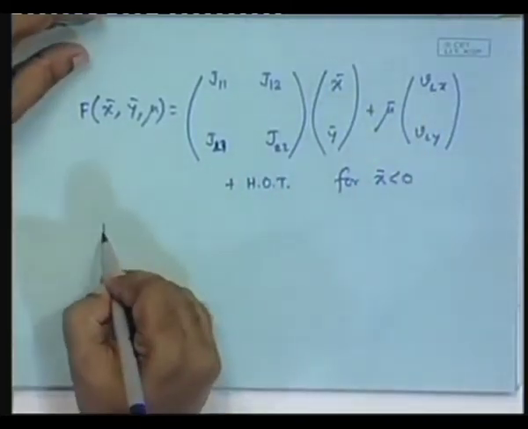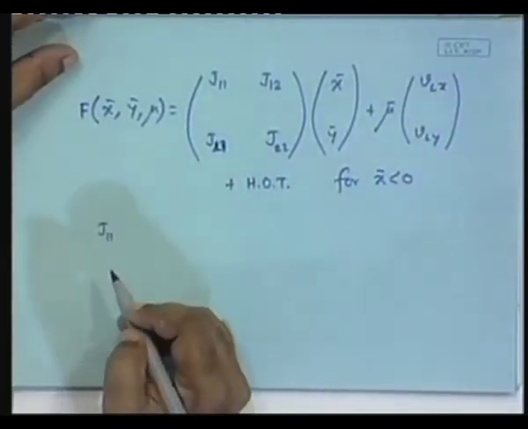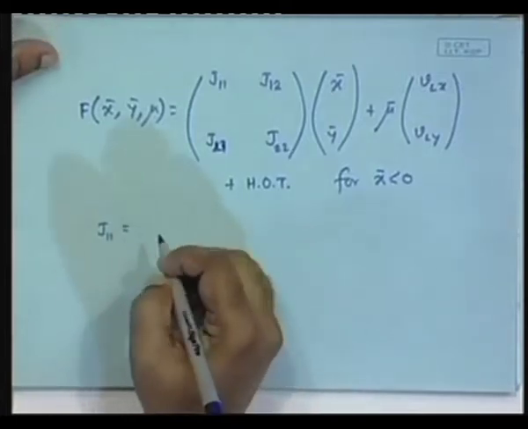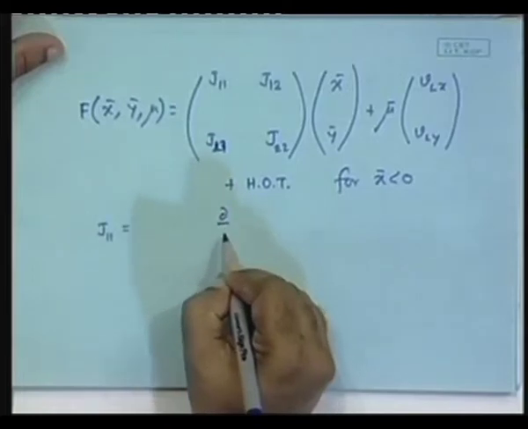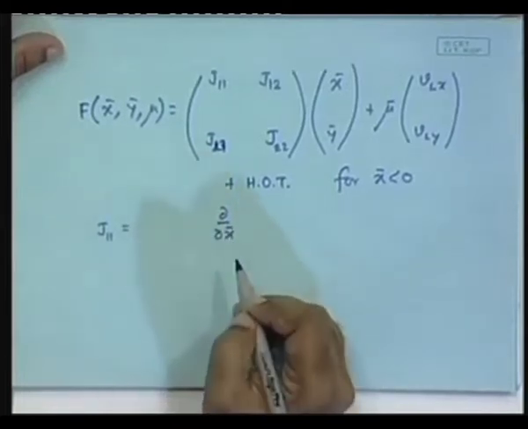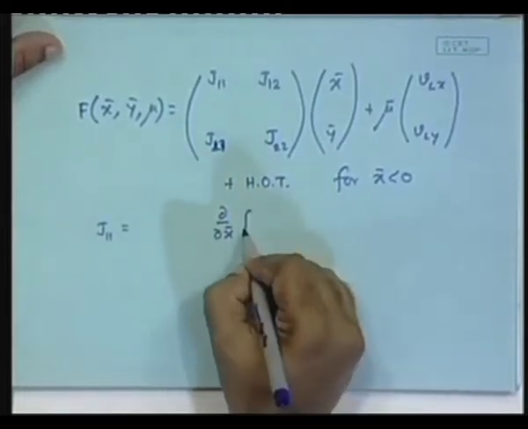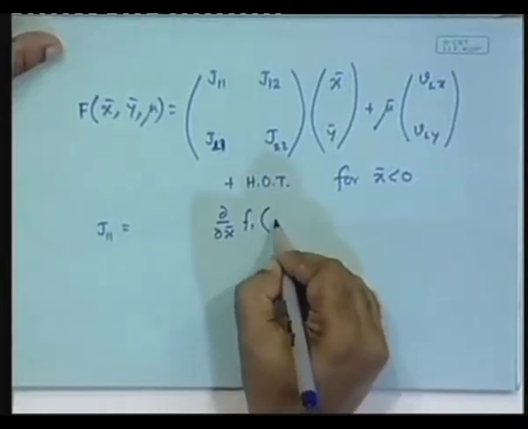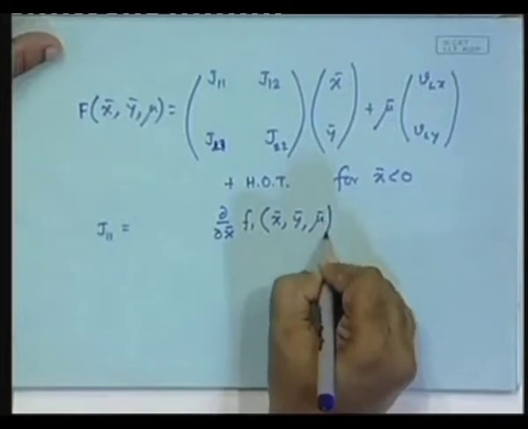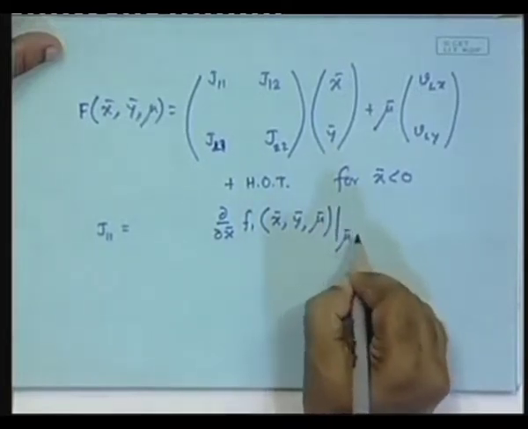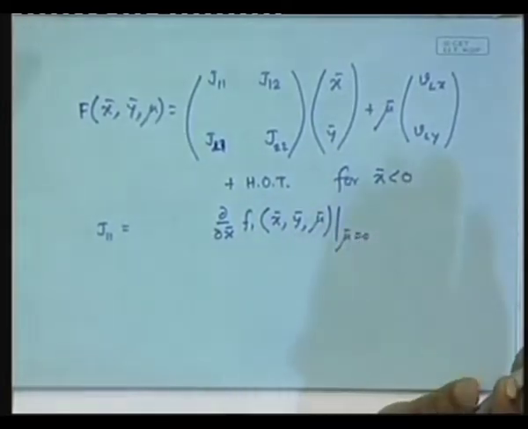For example, J11 is the partial derivative with respect to x bar of f1, which is a function of x bar, y bar, mu bar, evaluated at mu bar equal to 0.